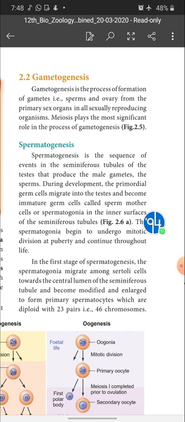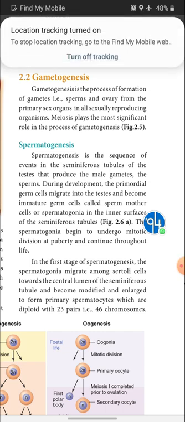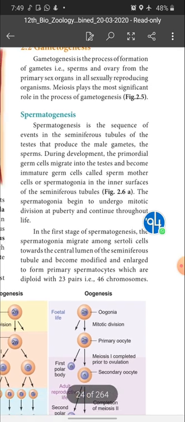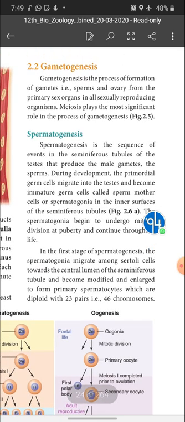Why? Because you know very well how the young ones are produced. By the fusion of male and female gametes, the young ones are produced. When a sperm and ovum fuse to form a zygote, the zygote is a single cell and it now has diploid chromosomes.